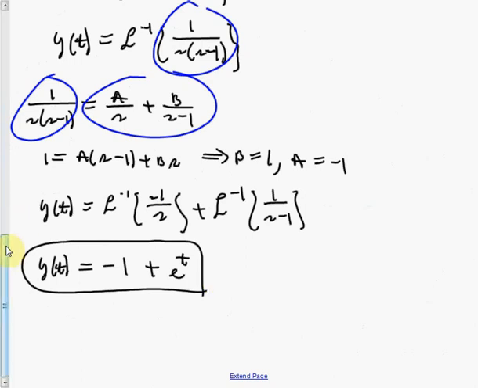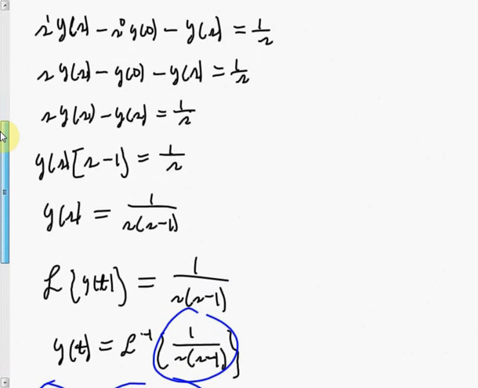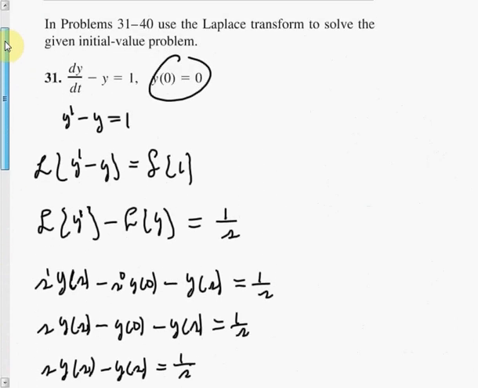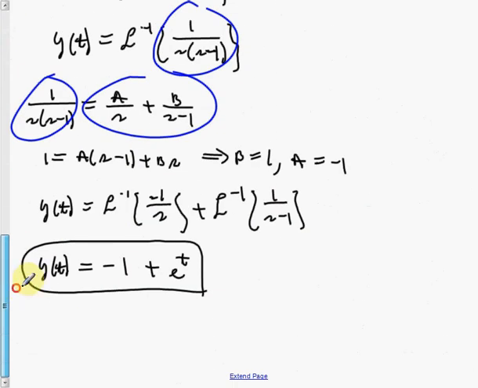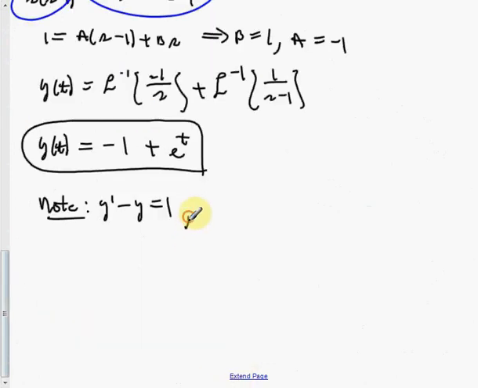Now, let me write the original problem. This was y prime minus y is equal to 1, and then we had y of 0 is equal to 0. Well, this is a differential equation with constant coefficients.